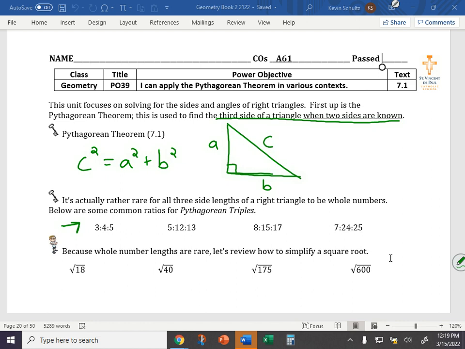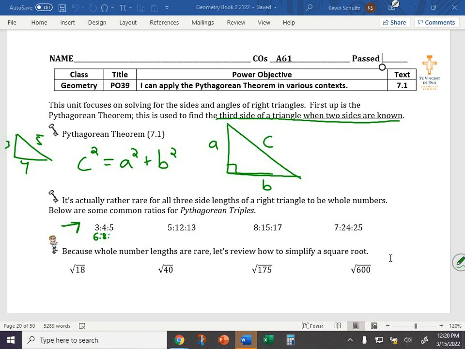For example, if you know that the legs of a right triangle are 3 and 4, and you've memorized the 3, 4, 5 Pythagorean triple, you don't have to calculate anything. If you see legs of 3 and 4, you know the hypotenuse has to be 5. The same thing is true if you saw something like legs of 6 and 8. What would the hypotenuse of this right triangle be? 10, right?